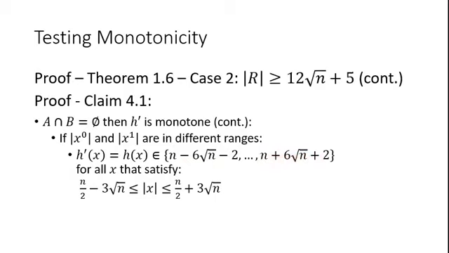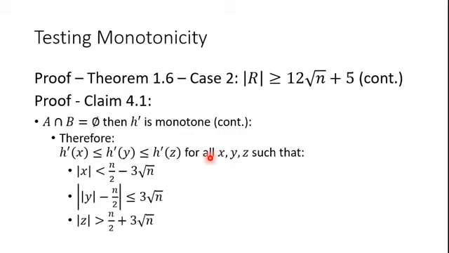And keeping that in mind, what we can see is that for every x, y, and z for which x has a Hamming weight such that its H prime is going to be rounded up to the lowest part of our range, and z has Hamming weight that's going to be rounded down to the highest part of our range, and y is just going to be somewhere within that range, because we know that for y, H prime of y in the middle range equals H of y, then of course we will have this relationship where H prime of x is less or equal to H prime of y, which is less or equal to H prime of z.